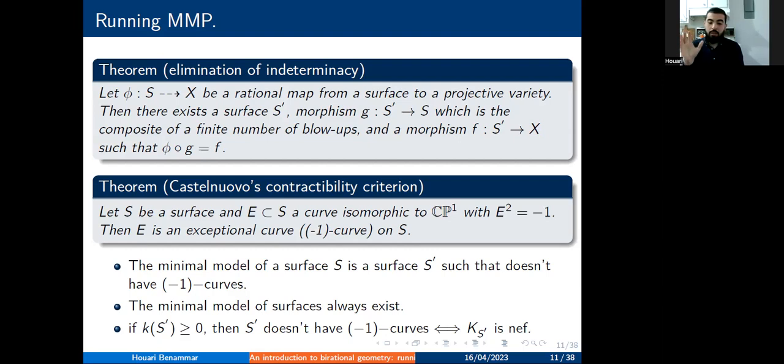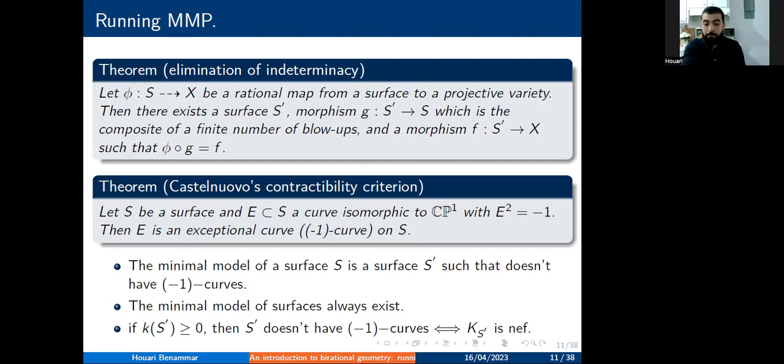What does nef mean? It means that we intersect this divisor with any curve, and the result is always nonnegative. So we take any reduced irreducible curve in S and intersect it with the canonical divisor, and this is always nonnegative.